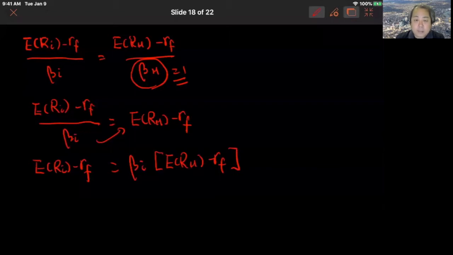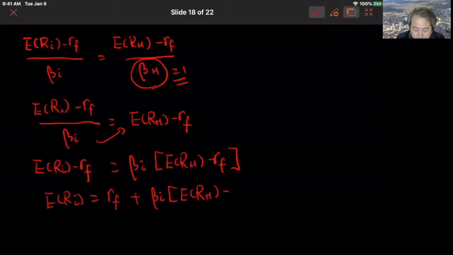Eventually, we find the model: expected return equals risk-free rate plus beta of an asset times market risk premium.